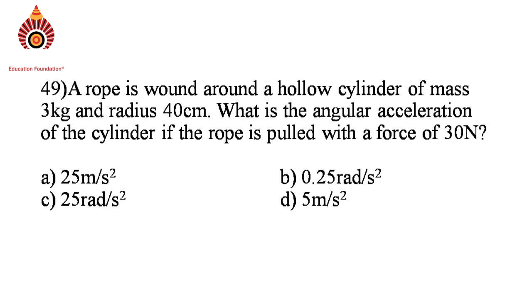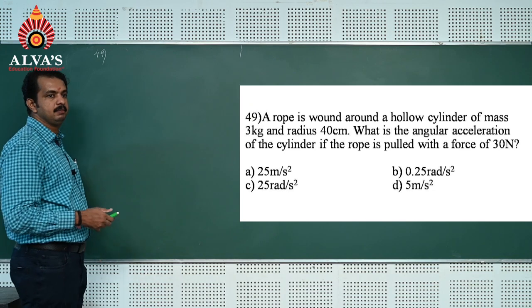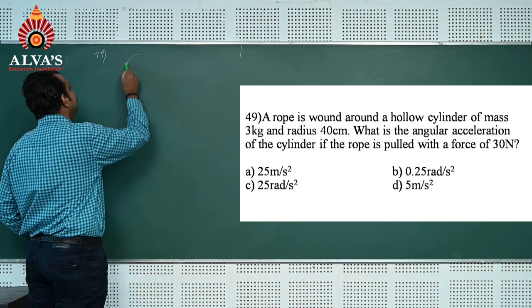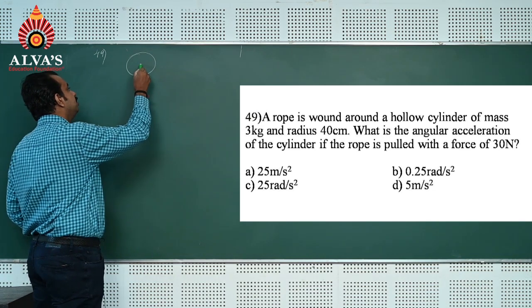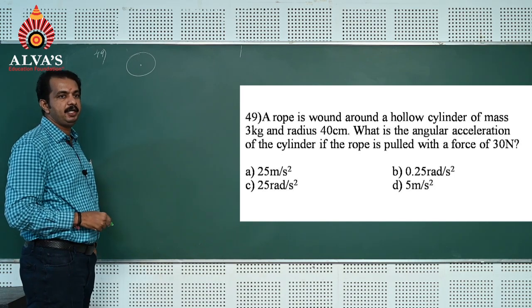Question number 49. A rope is wound around a hollow cylinder of mass 3 kg, radius 40 centimeter. What is the angular acceleration of the cylinder if the rope is pulled with a force of 30 Newton? It is a cylinder fixed from the center.